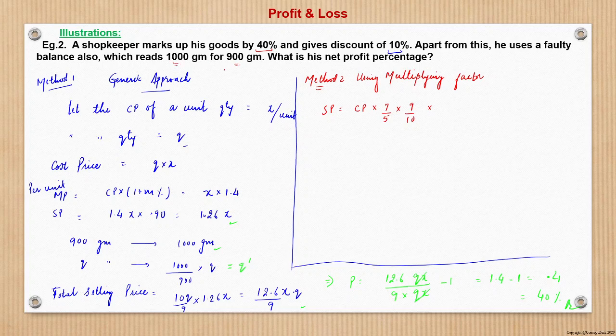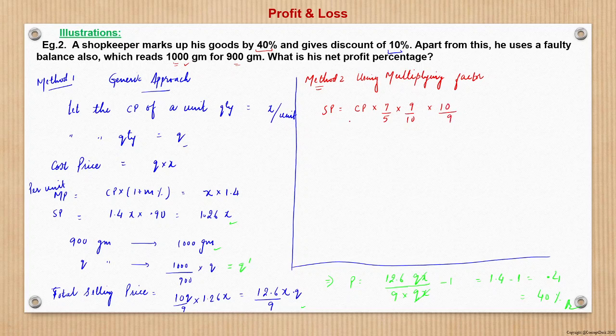This faulty balance has a tendency to give a profit impact to the shopkeeper, because it will enhance the total selling price, as it enhances the quantity being shown to the customer. The customer will be paying for 1000 gram, whereas the actual weight is only 900 gram. So this will enhance the profit. Therefore, it will have an increasing impact. So it will be 10 by 9, right?